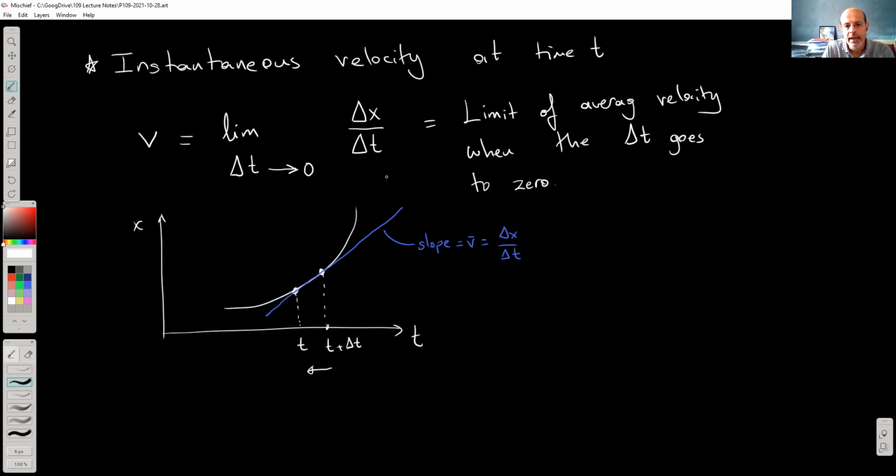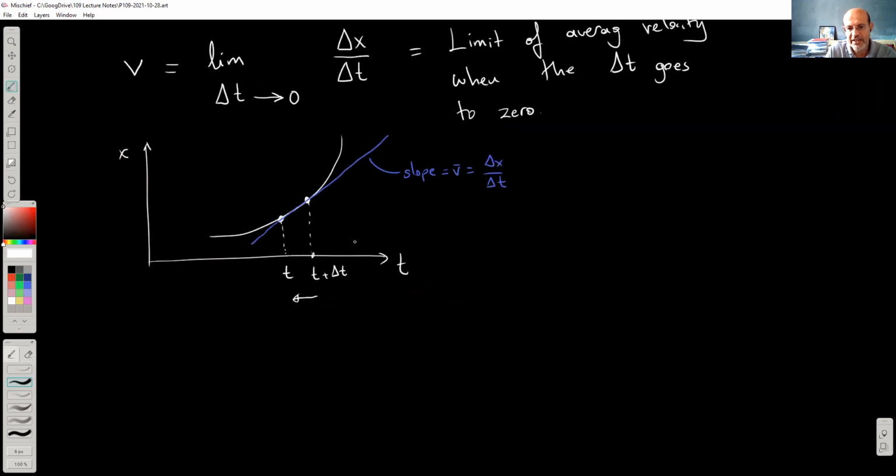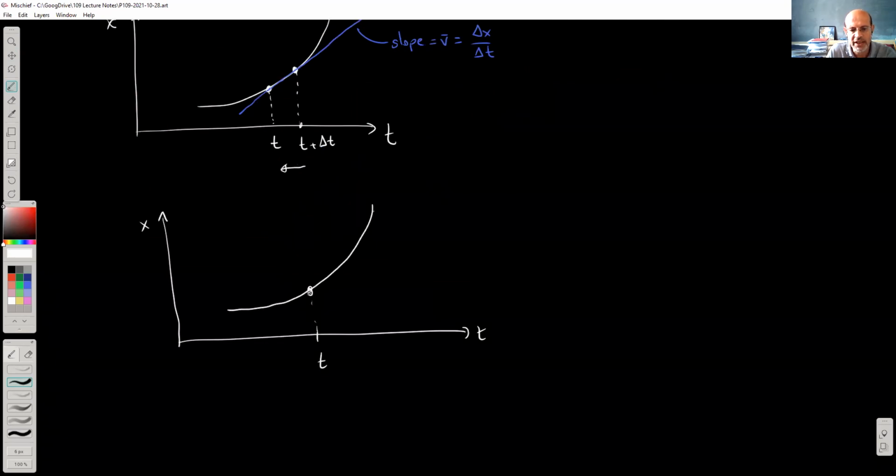All right. In any case, on the x-t graph, what happens is that we have a certain time. Again, there is only one point on the graph in here. The line that we obtain would be the tangent line.